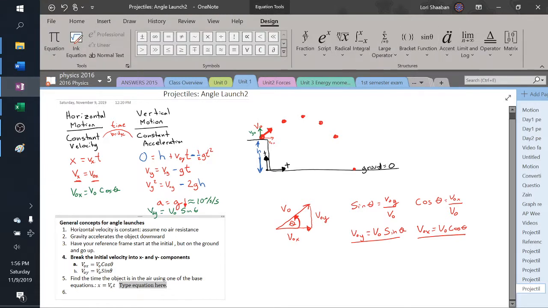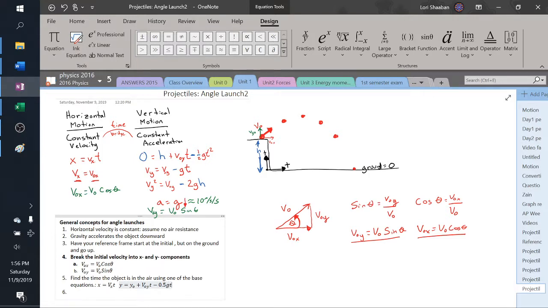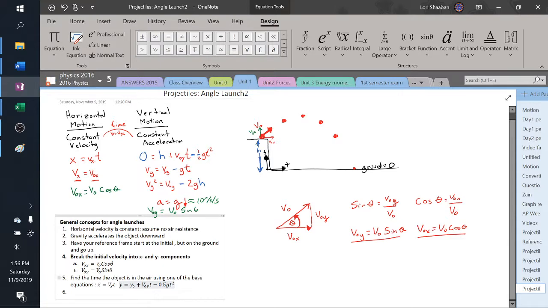We have y equals y naught plus initial velocity in the y direction times time, and then minus 0.5 gt squared.